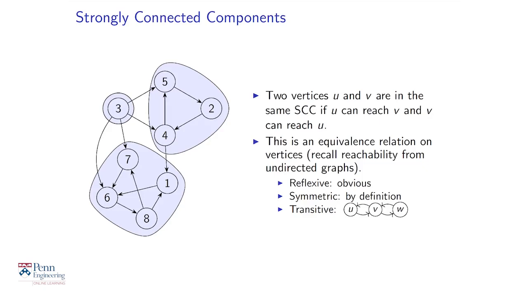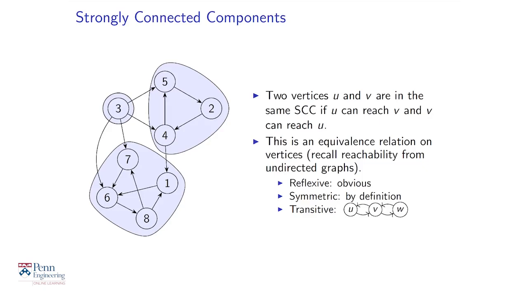So let's see why two vertices being in the same strongly connected component is an equivalence relation on vertices. Well, it's clearly reflexive because there is a path from any vertex to itself. From a vertex u to itself, there's a path of length 0, and that goes both ways, of course. So u is in relation with itself. That's the reflexivity for any vertex u.